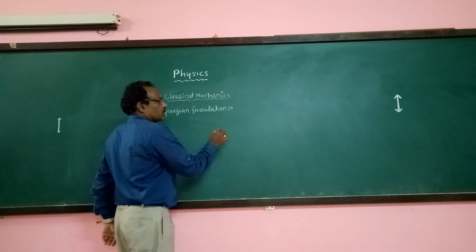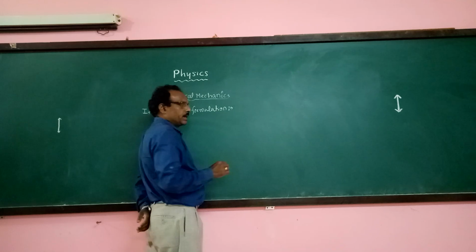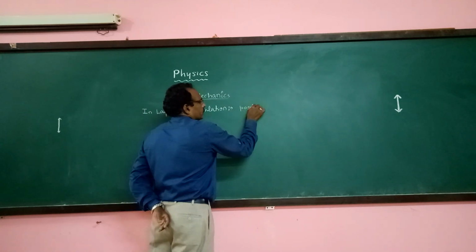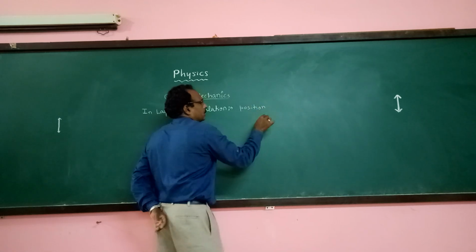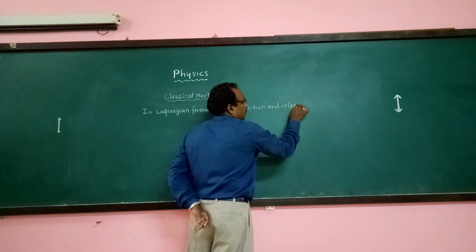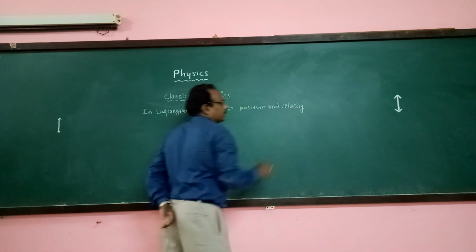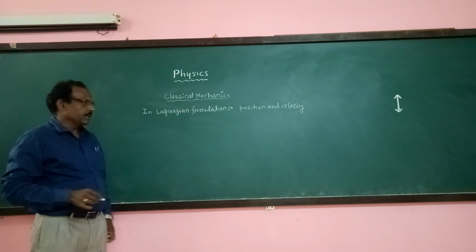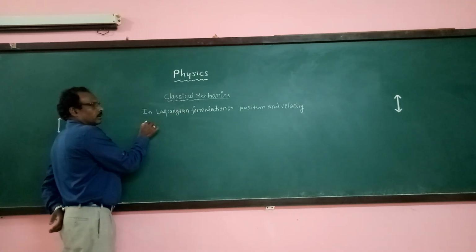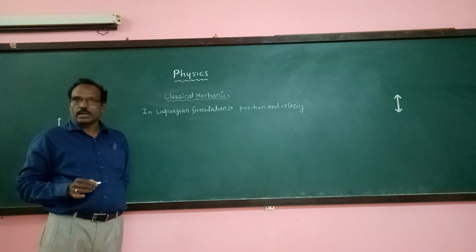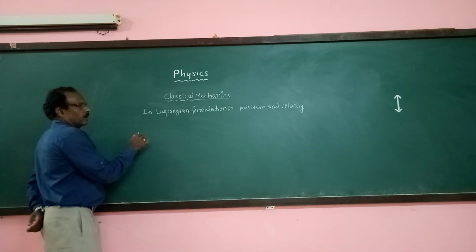In Lagrangian formulation, they consider generalized coordinates, namely the position and velocity. Fine. They consider these as generalized coordinates, and they form a second order linear differential equation.